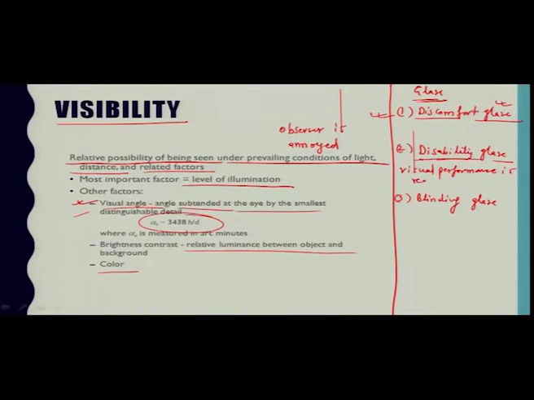In discomfort glare, the observer is not necessarily inhibited from performing a given task. In blinding glare, the glare is temporarily blinding to the observer.